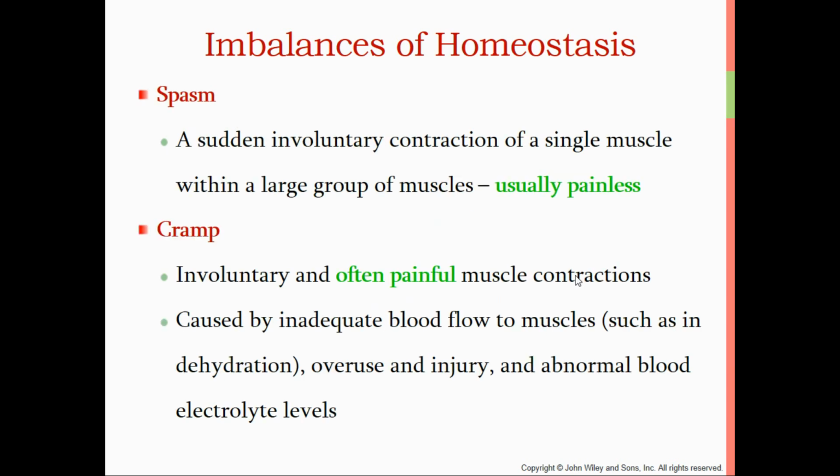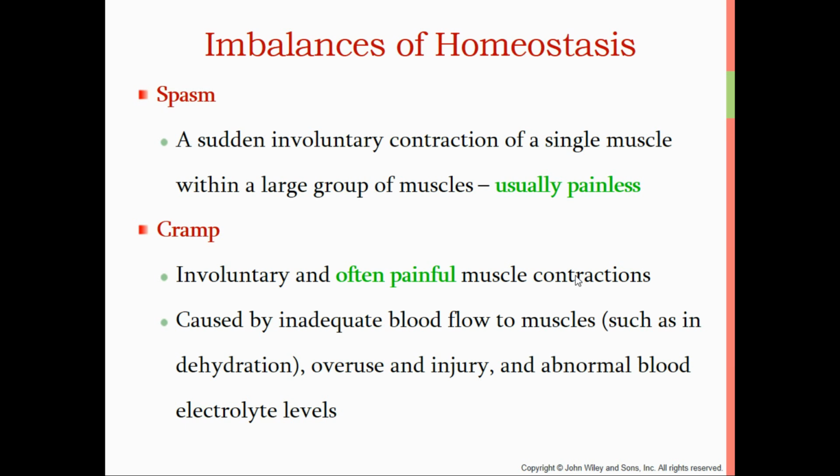A muscle spasm, we've all had these, is a sudden involuntary contraction of a single muscle within a large group of muscles, usually painless. Many times after a workout, when your muscles are fatigued, you'll look down and you'll just see that one muscle in your leg just twitch uncontrollably.